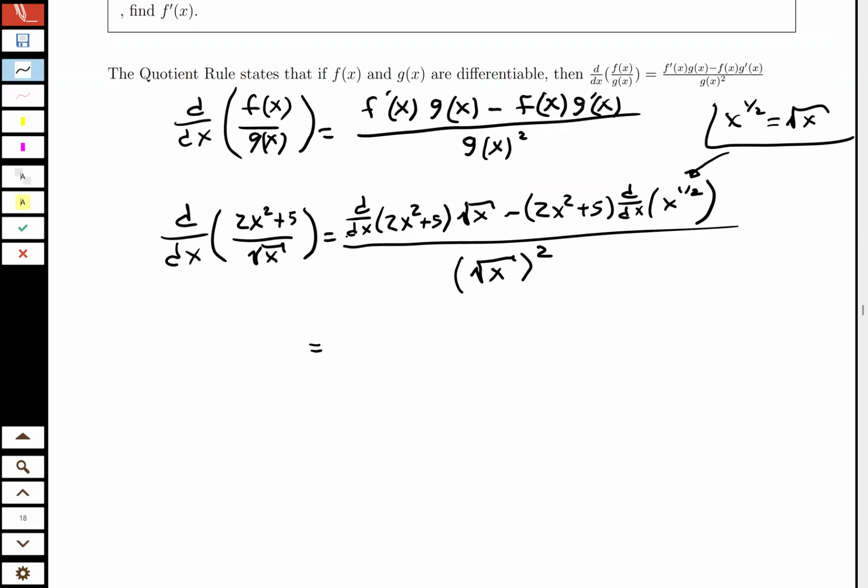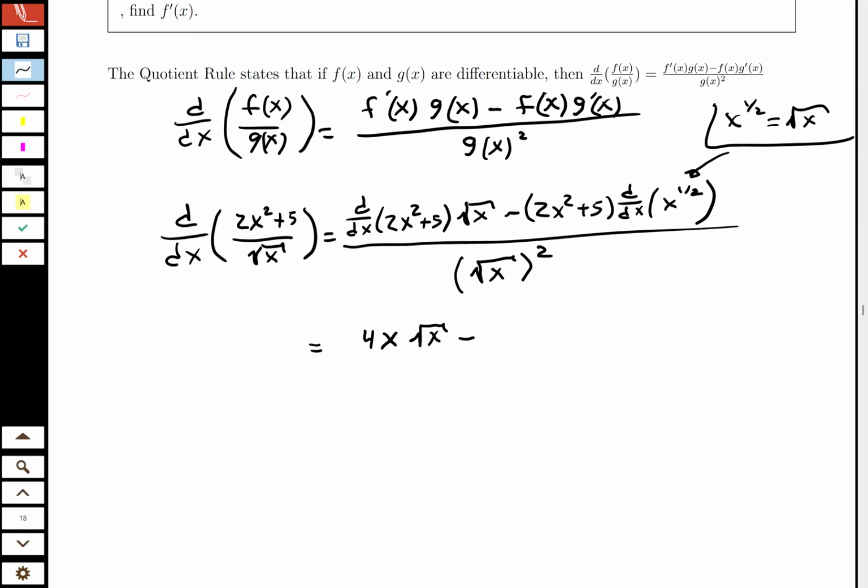Let's take some derivatives here. The derivative of 2x squared. The 2 drops down. 2 times 2 gives me 4. I have 4x. The power went down from 2 to 1. The derivative of 5 is 0, so that first derivative is just 4x times that square root of x.